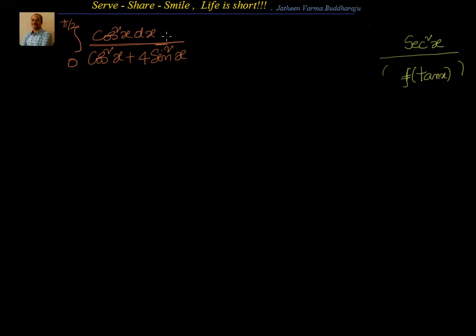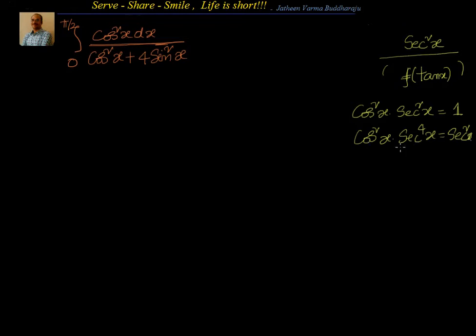Now, in the numerator we have cos square x. How to convert cos square x into secant square x? Suppose I take cos square x and multiply that with secant square x, I get 1. But what we want is secant square x. That means I should multiply with another secant square x. That makes it cos square x into secant to the power of 4x equal to secant square x.